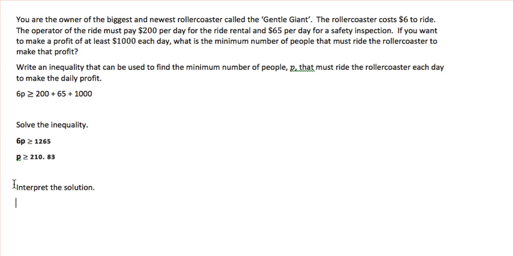So obviously we would need to round up, because if we rounded down, that wouldn't be enough. That means they need at least 211 people to ride every day in order to make the profit.